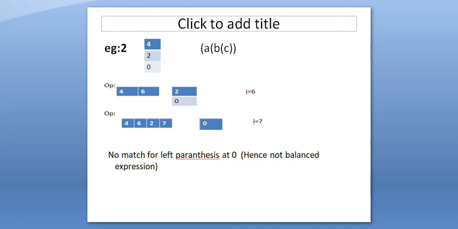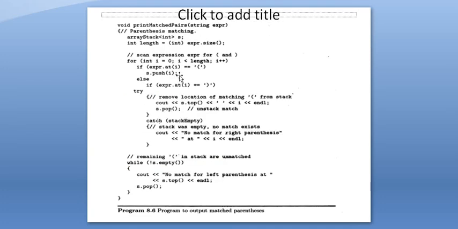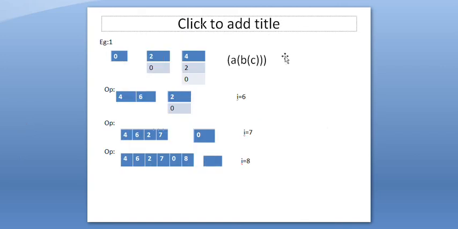Now for this, what happens initially when we are working with this code? So first I is equal to 0, I is equal to 2, I is equal to 4. For those values of I, the left parenthesis position will be pushed, and this is how the stack looks. This is similar till I is equal to 6, till I is equal to 7, everything is same.